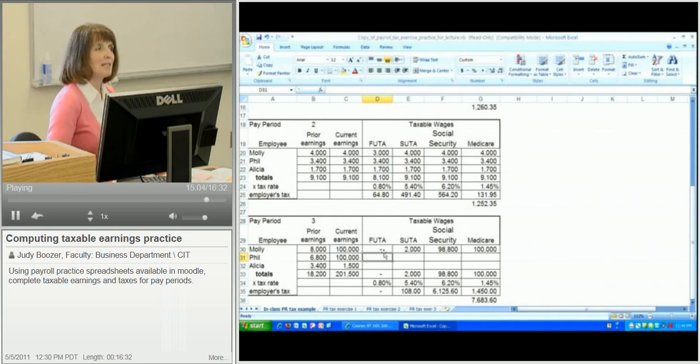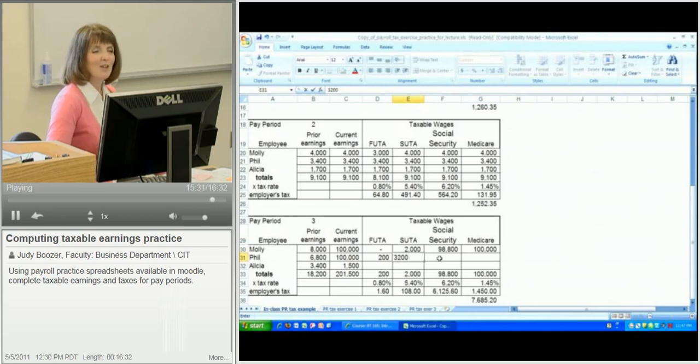The cap is $7,000. So he needs to pay it on $200 of the $100,000 that he earned. How about for SUTA? Good, $3,200. Again, he's already paid on 6,800. The cap is $10,000, so he only has to pay it on $3,200.